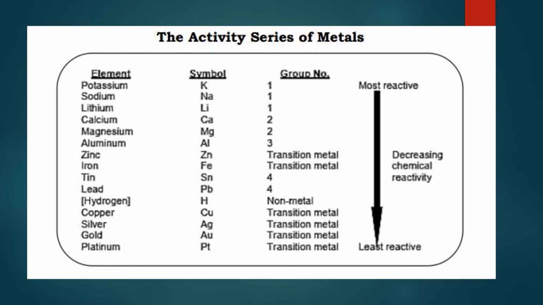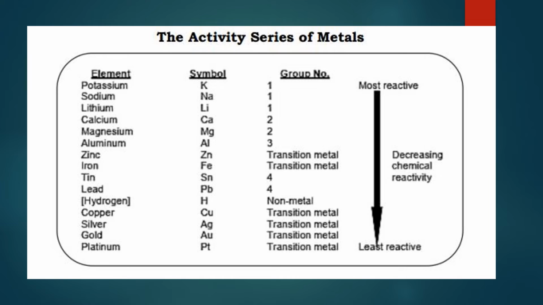Although I've already explained in the previous explanation that the series of metals or reactivity also happens in periods. This is one of the patterns in the periodic table that you're learning right now. You have there also the arrow indicating most reactive and least reactive.